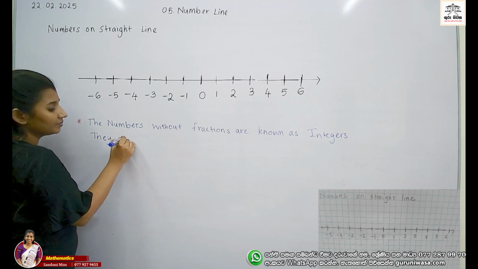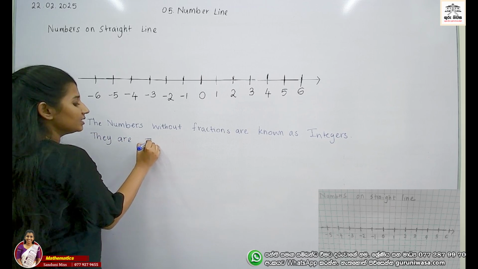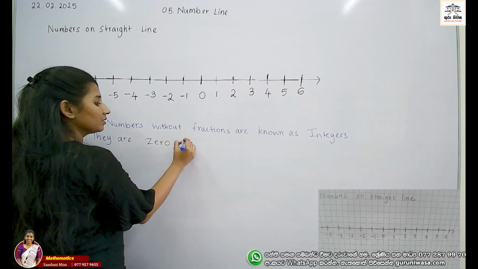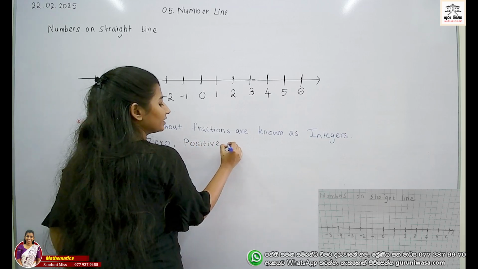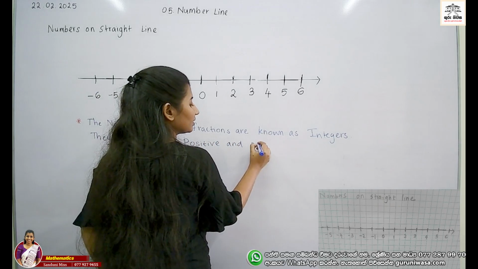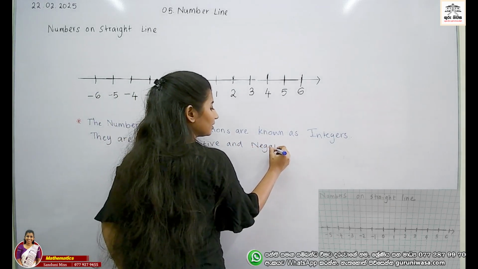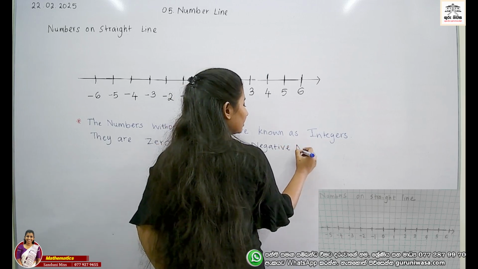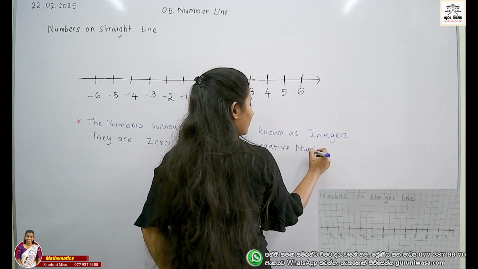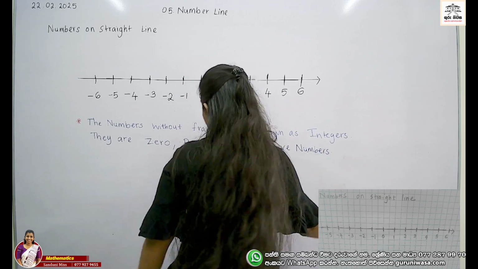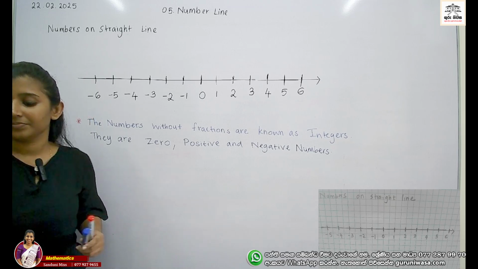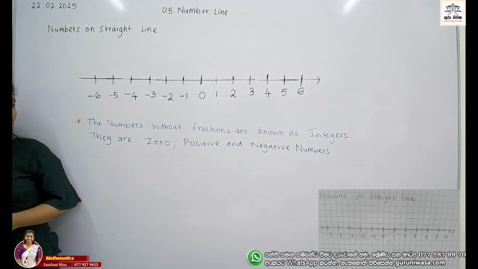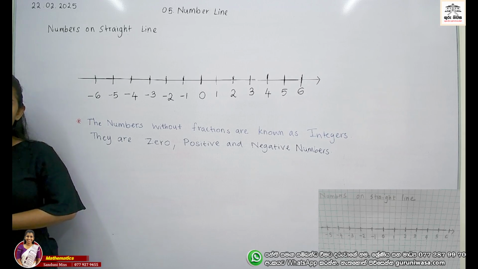Integers are numbers that are 0, positive and negative numbers.